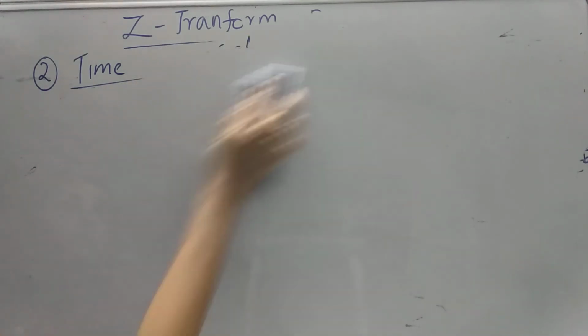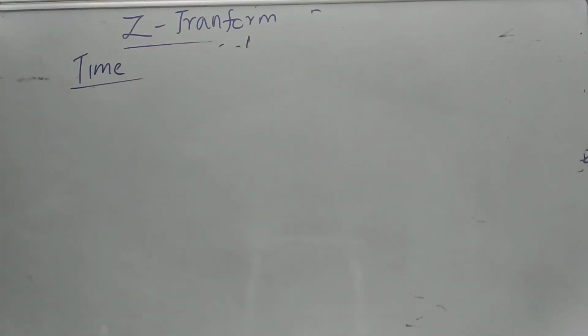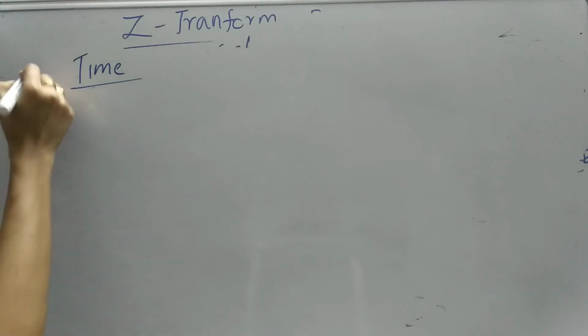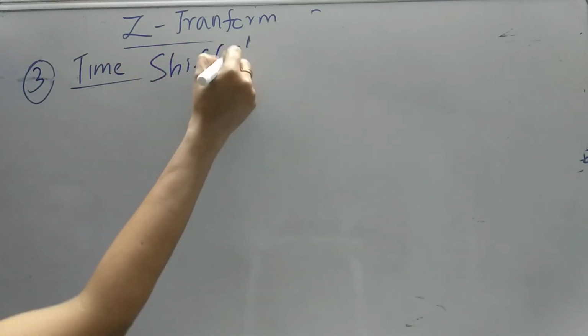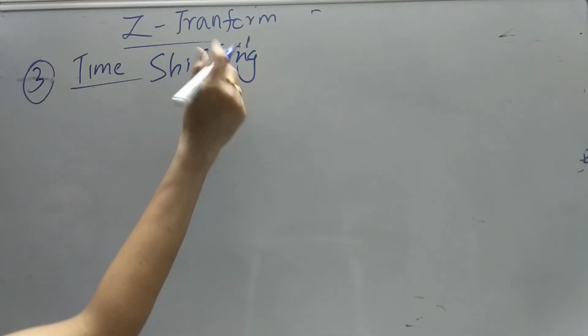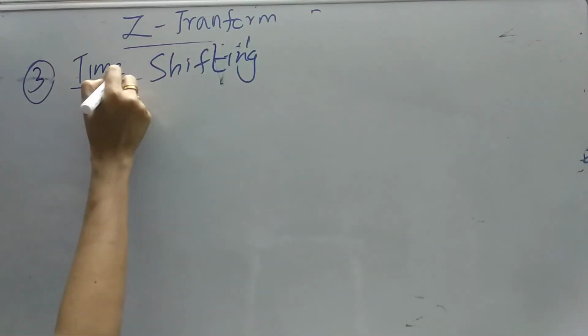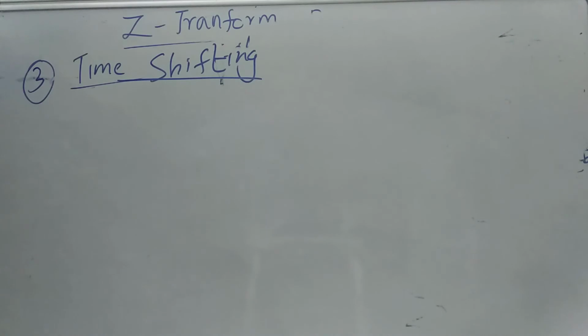Now we have another property: time shifting. What do you mean by time shifting property? We can have two types of shift, either left hand side or right hand side shift.